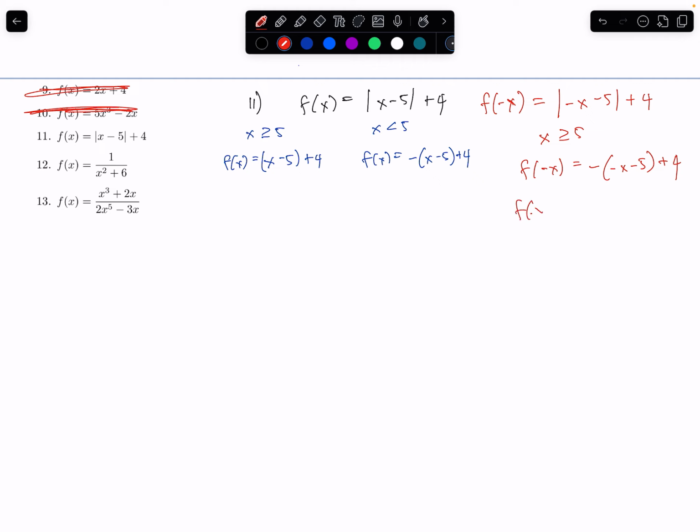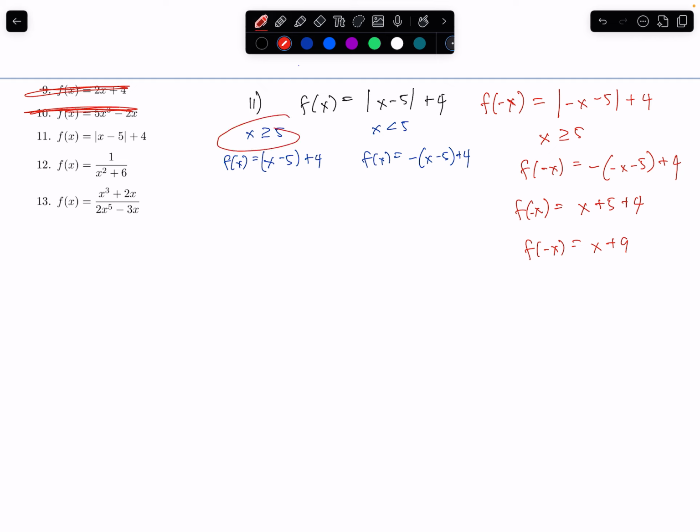So what is that? F of negative x is equal to, negative distributes, so I have positive x plus 5 plus 4. So f of negative x is equal to x plus 9. What was my original f of x?